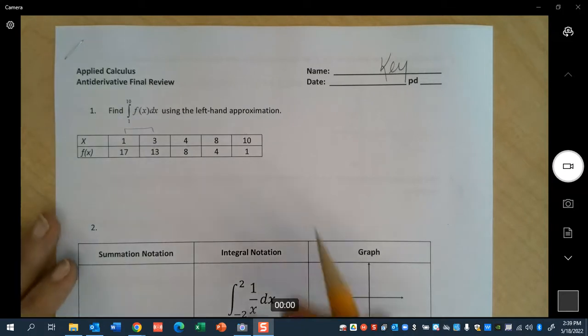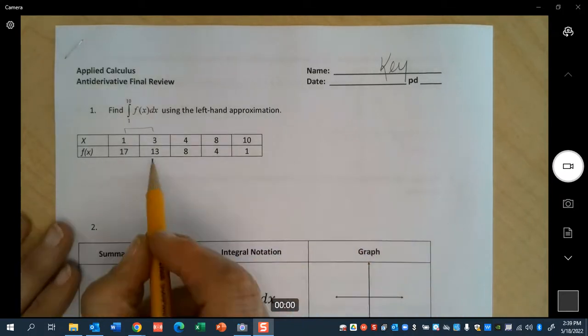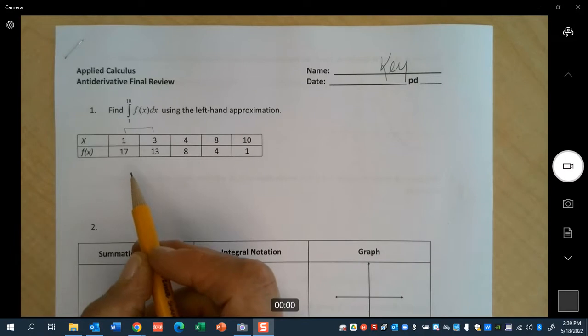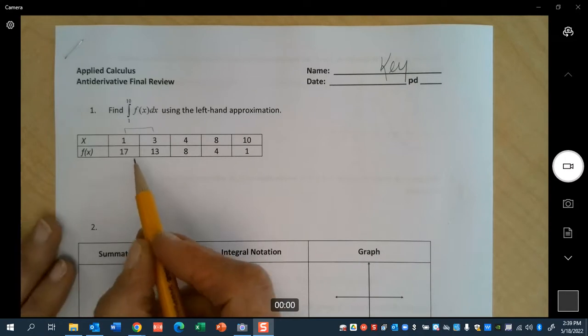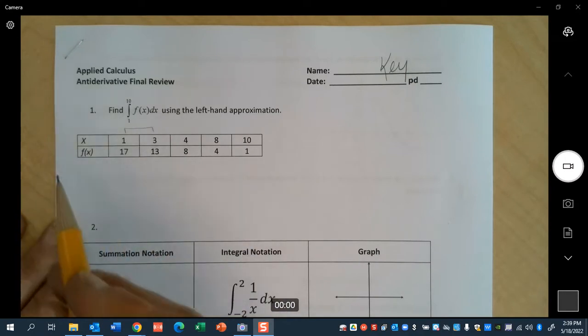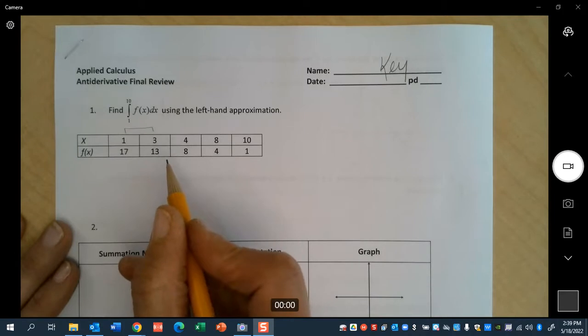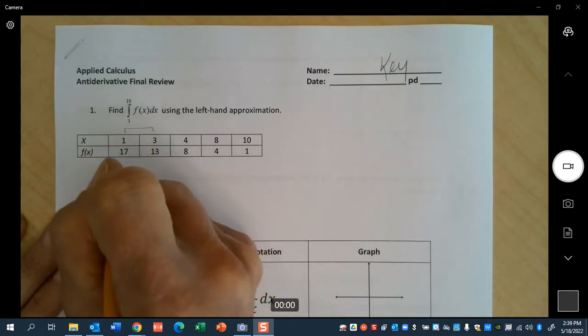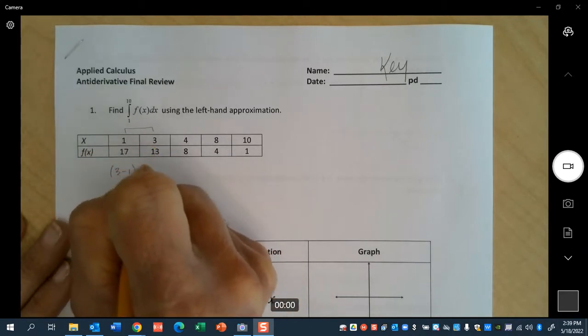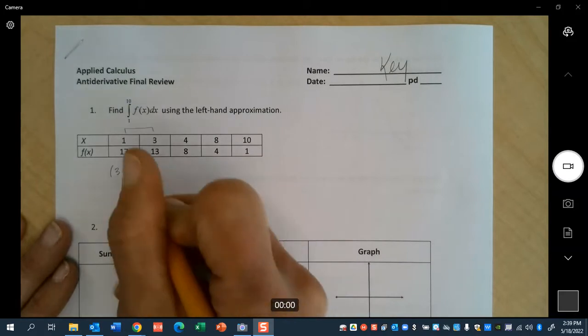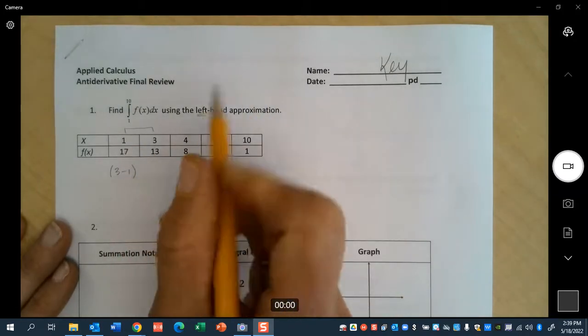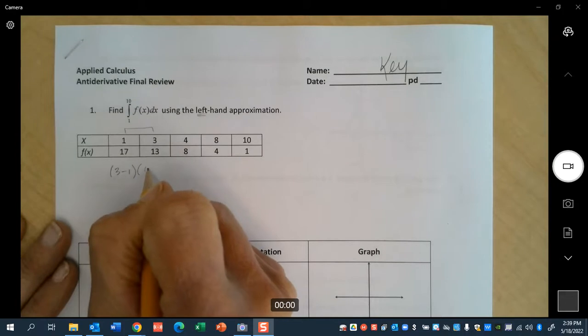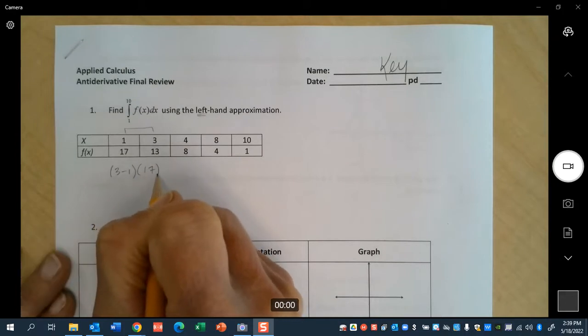I look at the change in x value: 3 minus 1 is a change of 2, and because it says left-hand approximation, that's multiplied by 17.